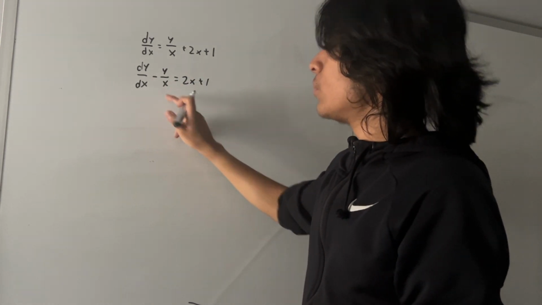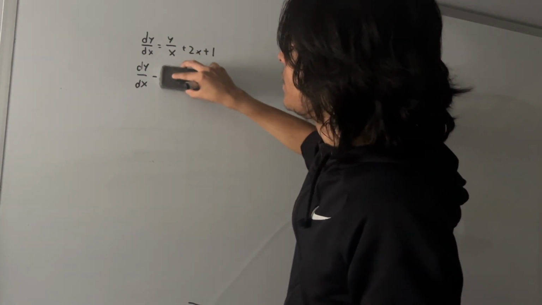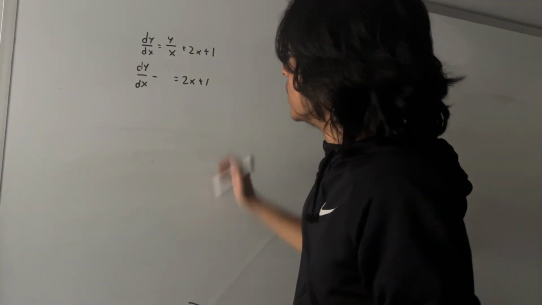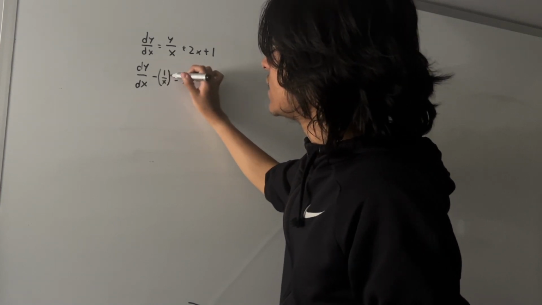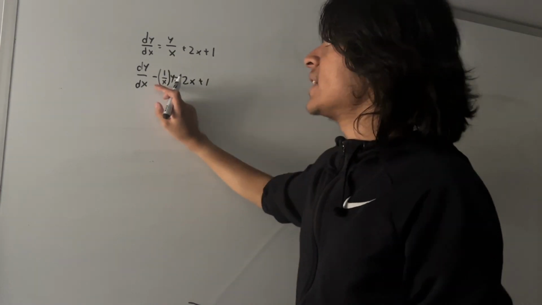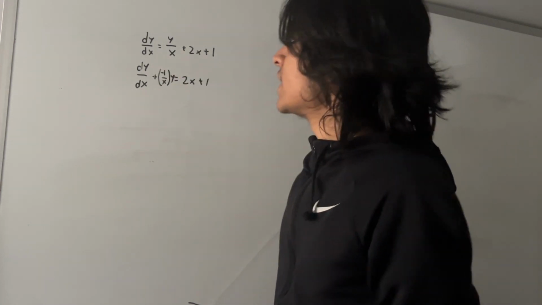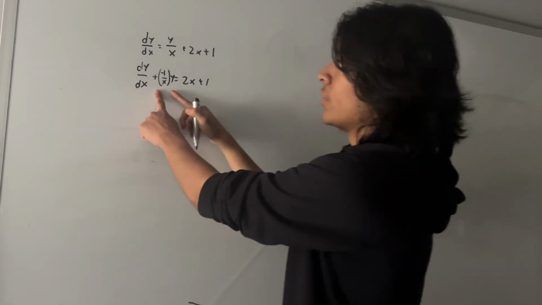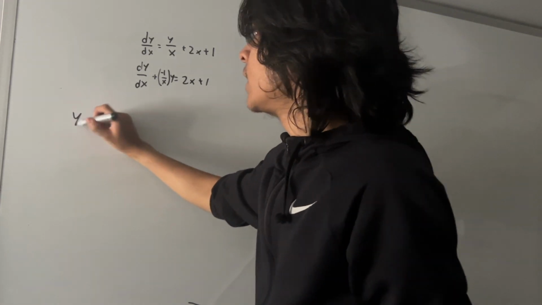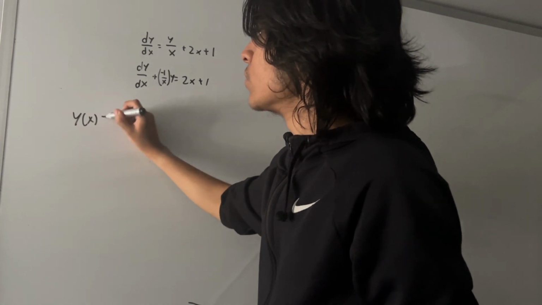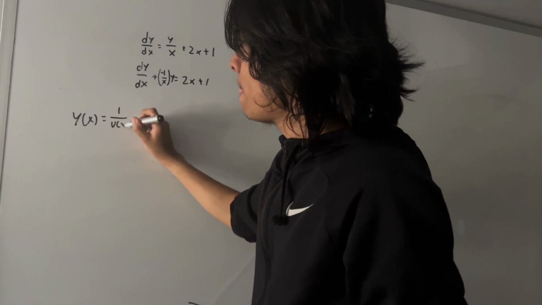And right here, instead of writing it like that, what I like to do is put 1 over x times y. And instead of having the negative on the outside, we're going to have it on the inside right here. So now we know our p of x and our q of x. So here is the general solution for y of x for a first order linear differential equation.